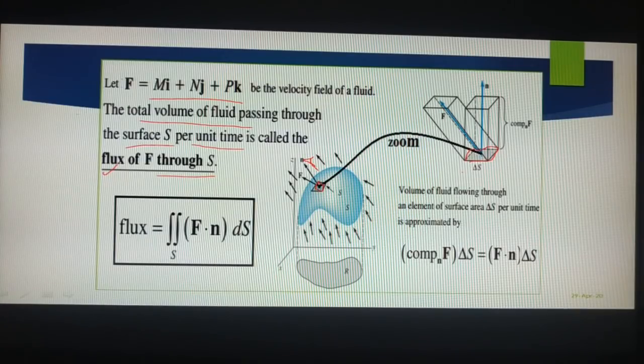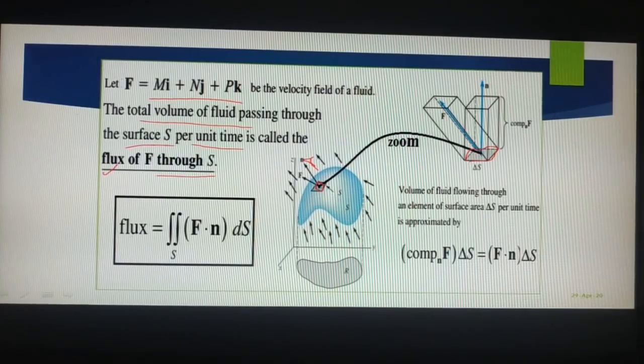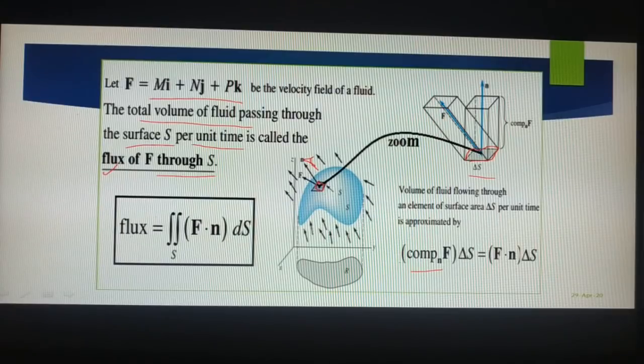To get that, I have to compute, at that particular delta S, how much flow is going outside. So the computation of F n means the force field vector in the direction of n. I am just projecting the force field on the unit normal vector n cap, which is indirectly the dot product F bar dot n cap.